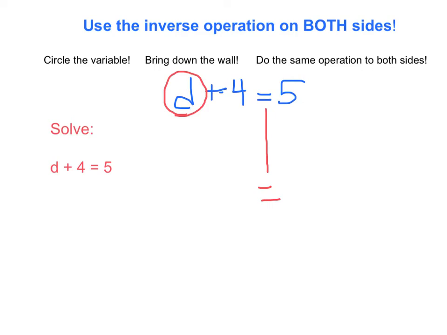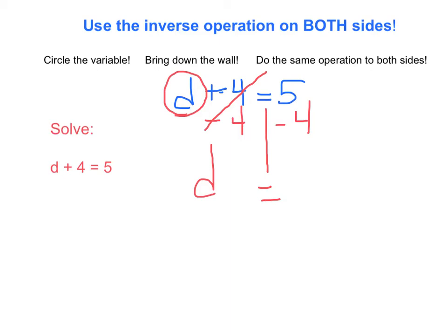And then I look at what is next to the wall. It's the addition sign. And I'm going to do the inverse operation. So the inverse of adding would be subtracting. So I'm going to subtract 4 from both sides. And a positive 4 minus 4 ends up giving me 0, so that cancels out. And I'm left with D. Now, do I need to bring the 0 down?